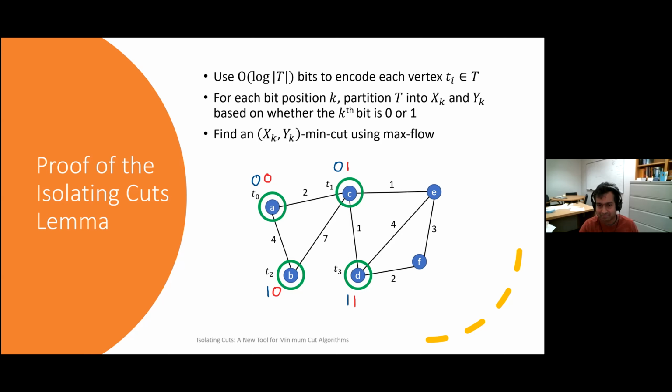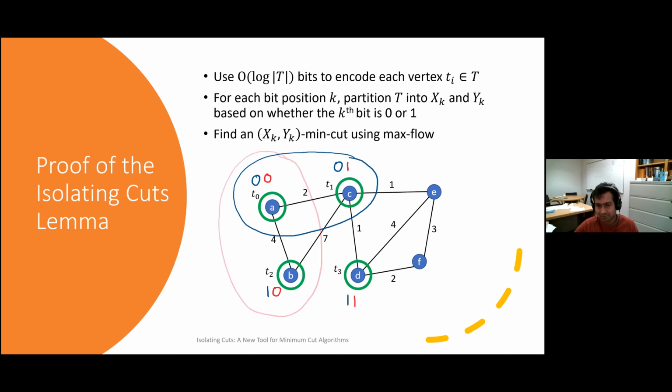Okay, so an example is shown here. We have 4 vertices A, B, C, and D that were selected in T. So we are just using 2 bits. If I took the first bit position, then the 2 zeros form this set xk on top.